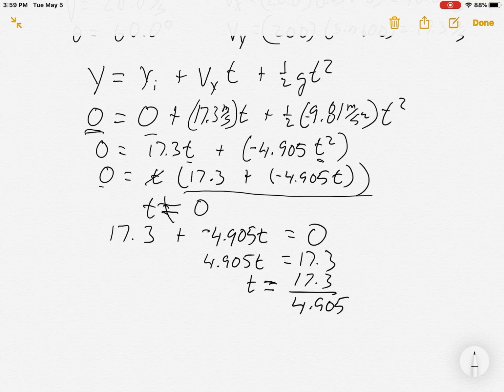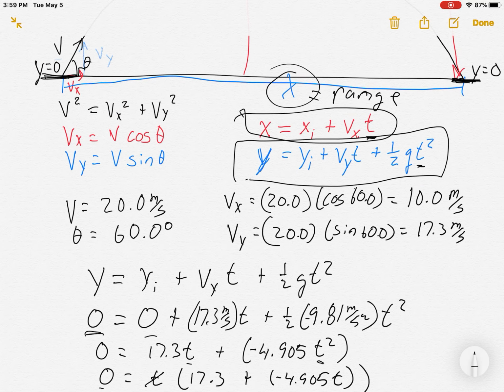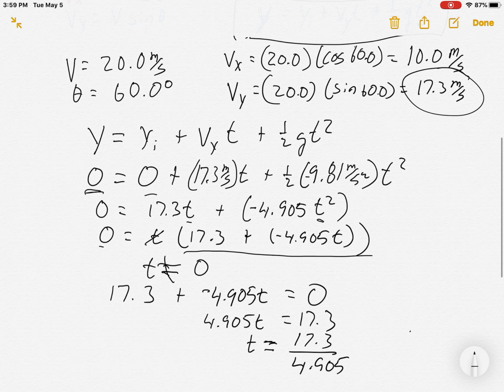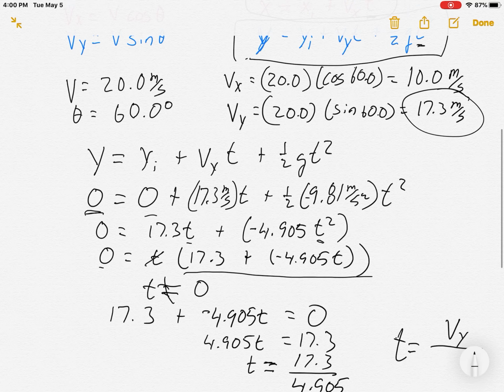What was the 17.3? Well, if I go all the way back up here, that was my initial vertical velocity, right? Based on the angle and the initial velocity. So I could rewrite this generically to say that the time is equal to the initial vertical velocity divided by, where did this 4.905 come from?